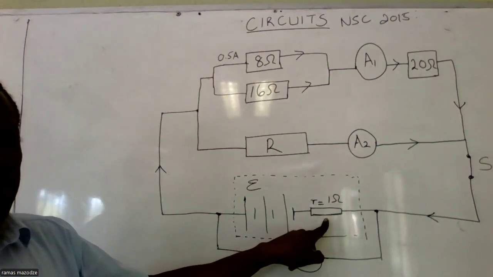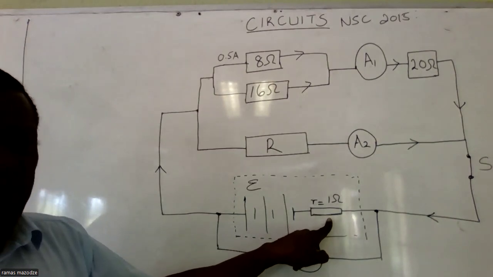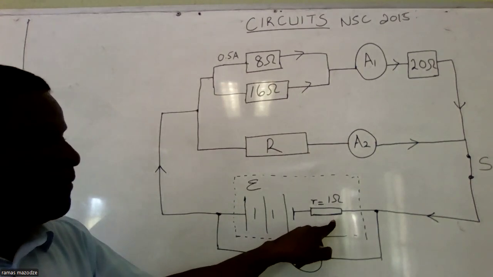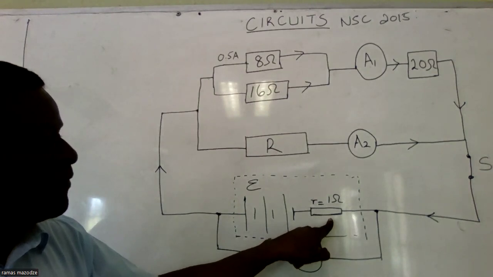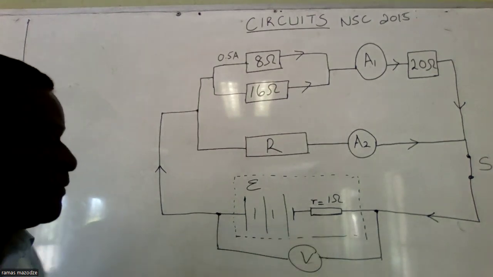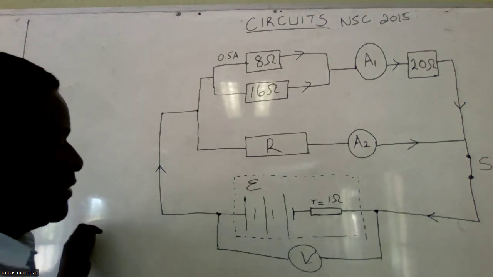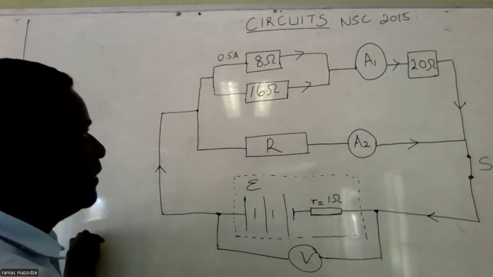Remember, when there's internal resistance, it's not easy for the current to push through there. So some of the energy that the charges have will be lost inside the battery itself due to resistance. Right.